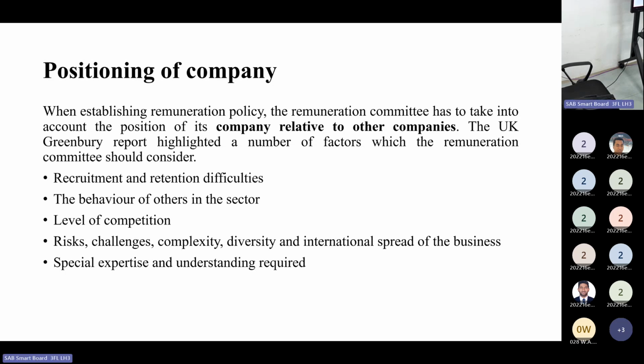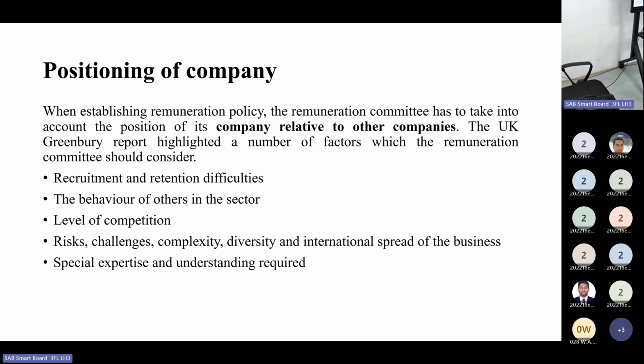Second one, the behavior of others in the sector. Are the other companies growing? Other companies are below you, right? So that kind of a search you have to do. Where are we positioned compared to the others? That is what is called behavior of other companies.